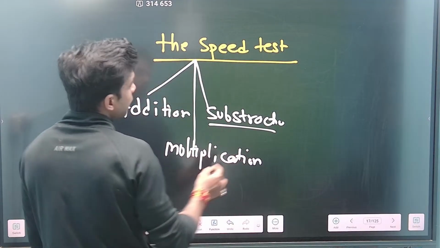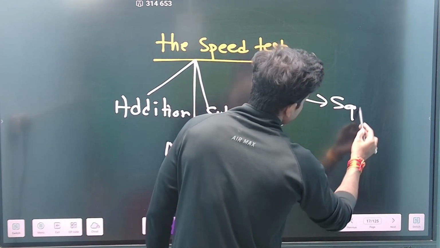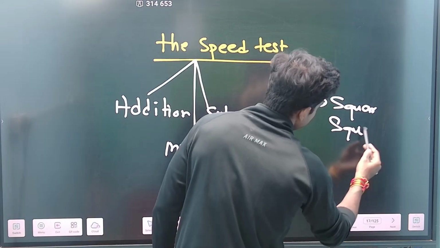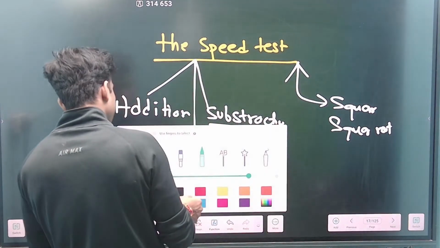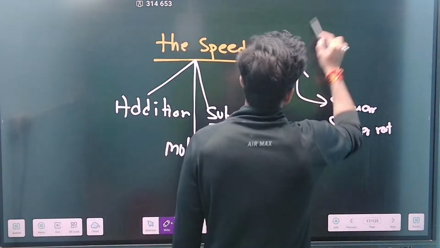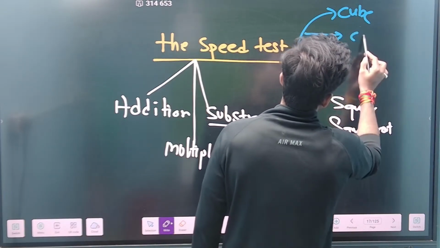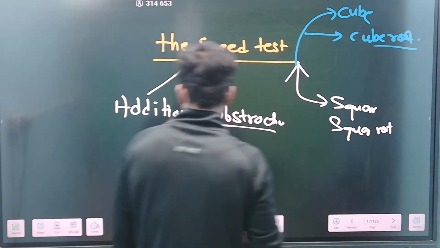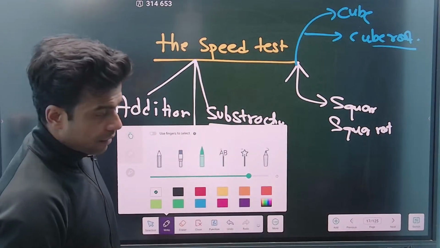This also contains the methods of square, and then square root. Then again this follows the rule of cube, and then cube root, correct? So see, I made you solve everything here in the class.